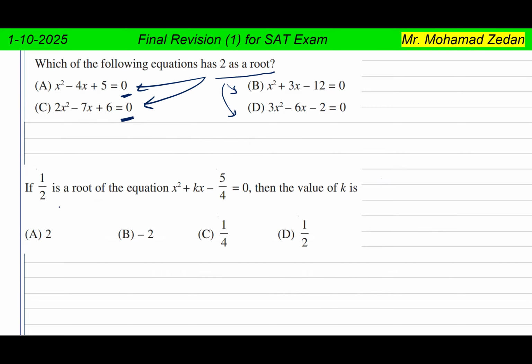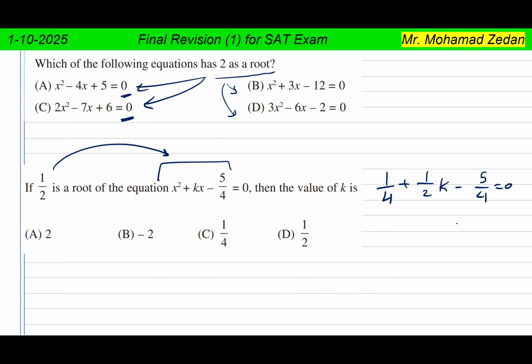The other one: if half is the root of this equation, what's the value of k? The same way, just insert half instead of x because it's a solution. So just write 1/4 plus half k minus 5 over 4 is equal to 0 and solve it.